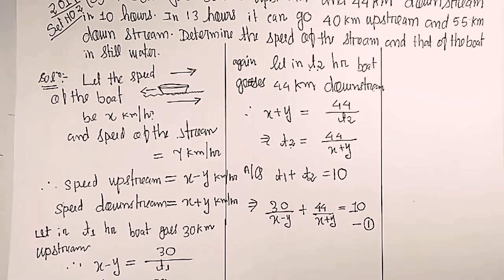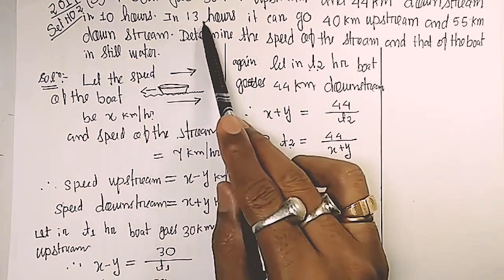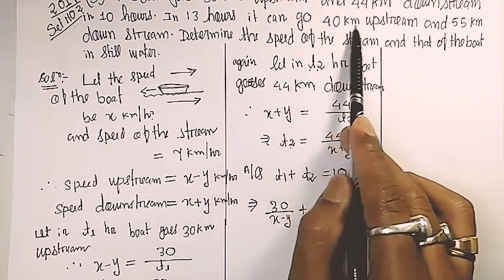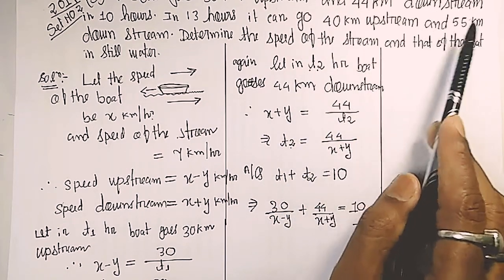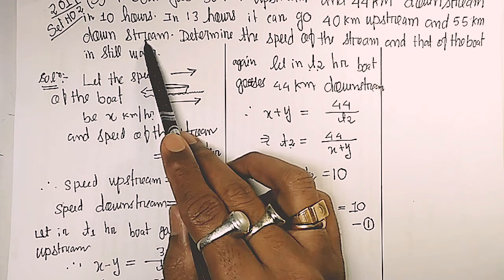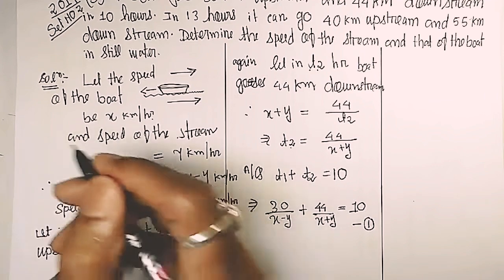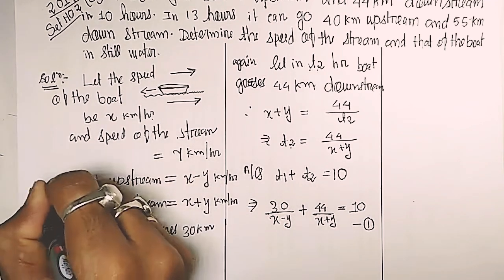Similarly, for the second case, the same concept. In 13 hours it can go 40 kilometers upstream and 55 kilometers downstream. This is case 1. We consider this one as case 1.